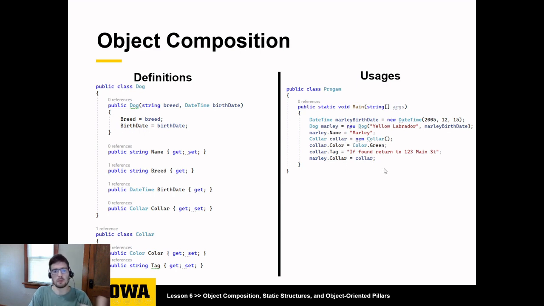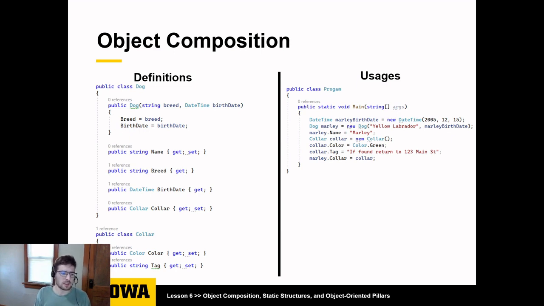So it's a little bit more work to set the collar property on a dog, but you can see it allows us to structure our information in a useful way.